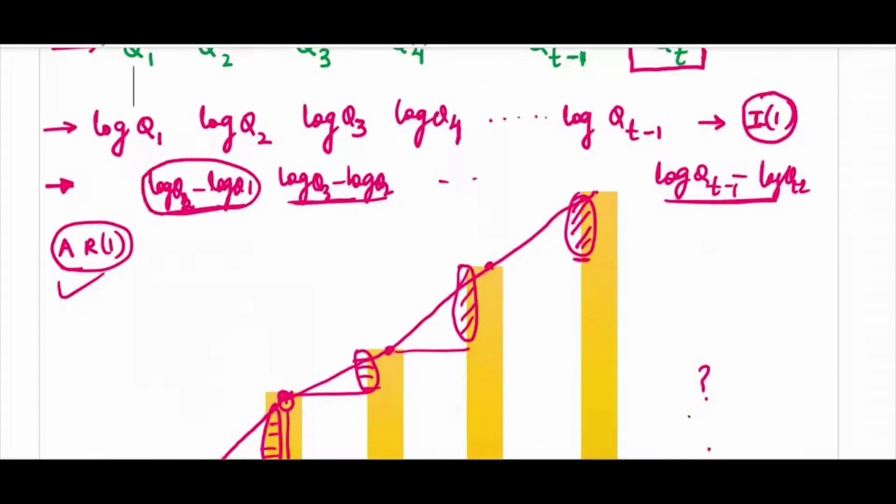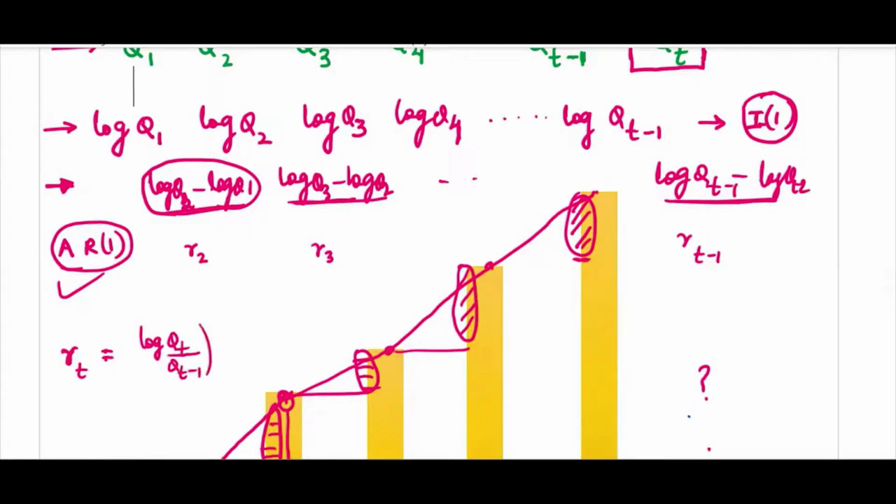This process, you can write R1 for this, or R2 here, R3 here, and this will be R(t-1). Remember, Rt here is called force of inflation. What is Rt? Rt is force of inflation, and what is that? log of Qt divided by Q(t-1).